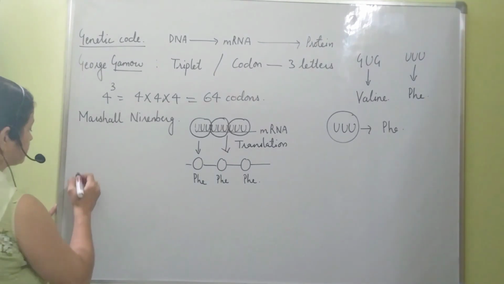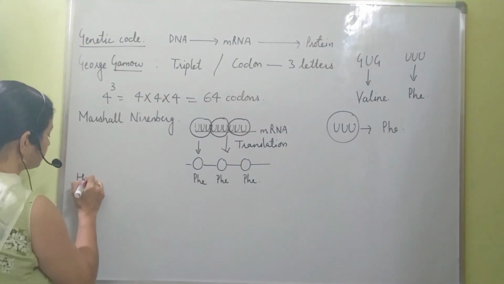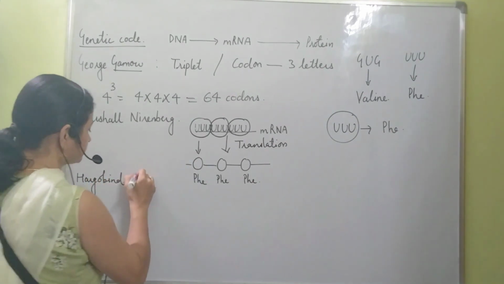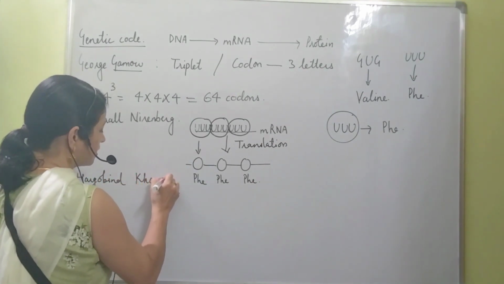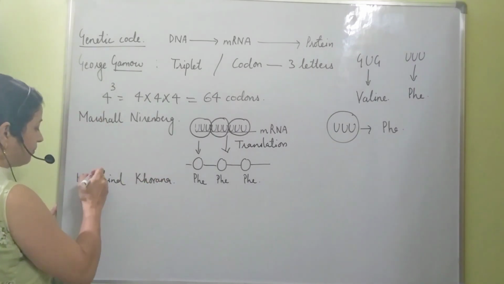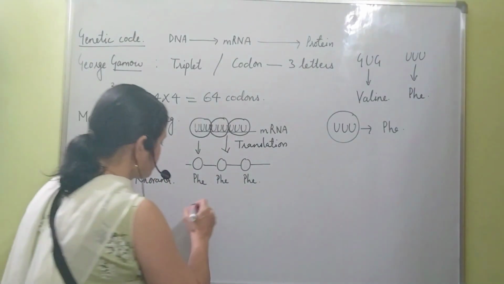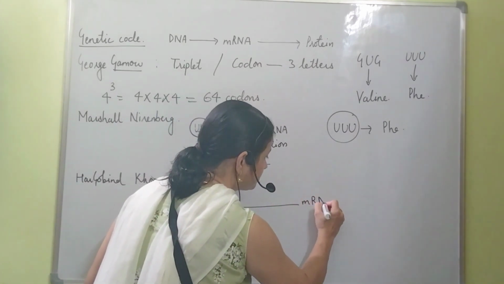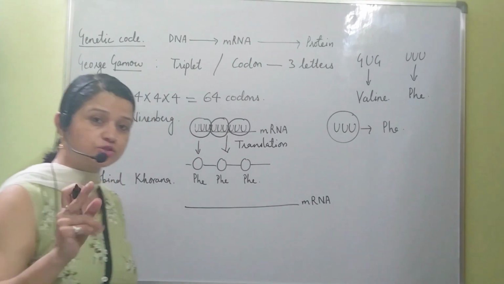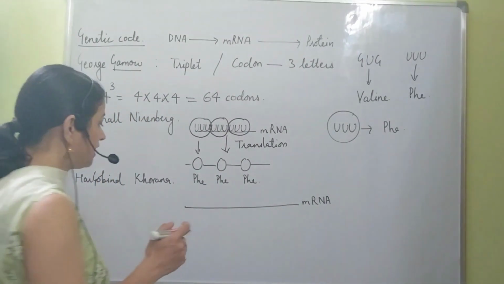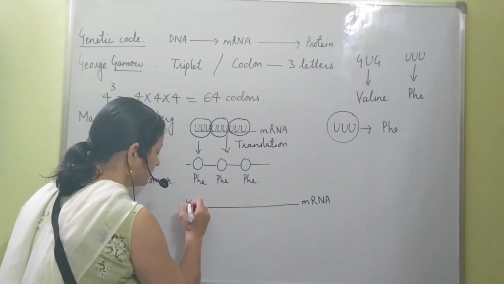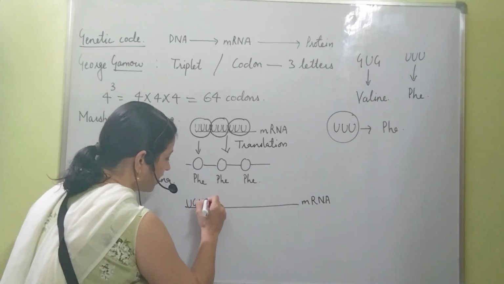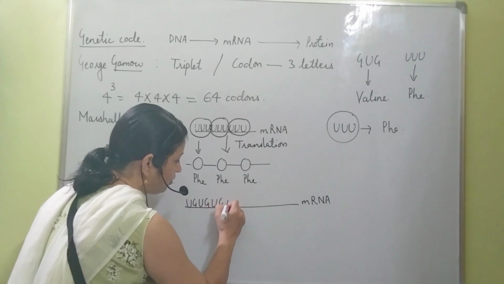The second scientist is Dr. Hargobind Khurana. Now what Dr. Hargobind Khurana did, he also prepared a messenger RNA. He synthesized a messenger RNA. He took two types of nucleotides, that is U, uridylic acid, and G, guanylic acid, and so on.